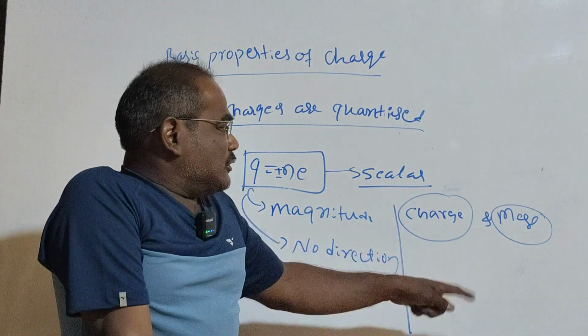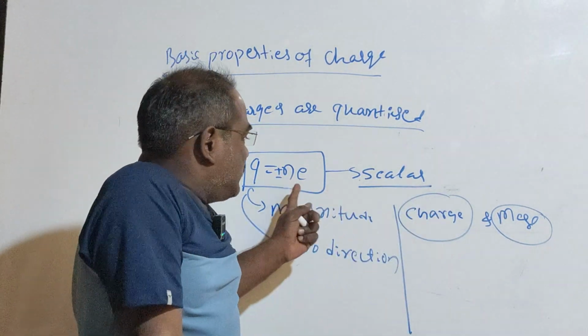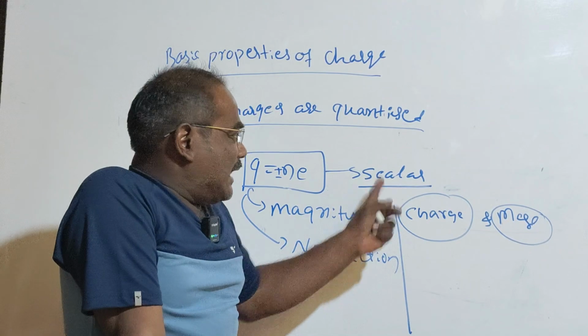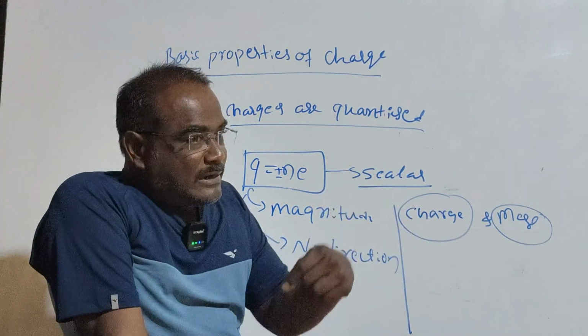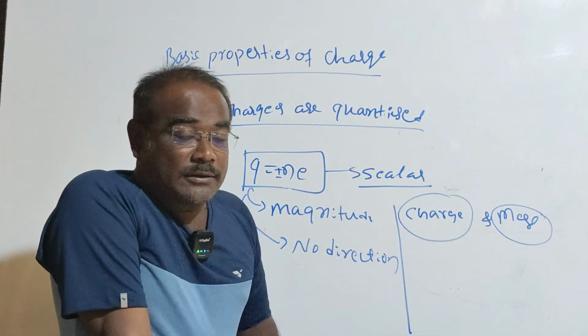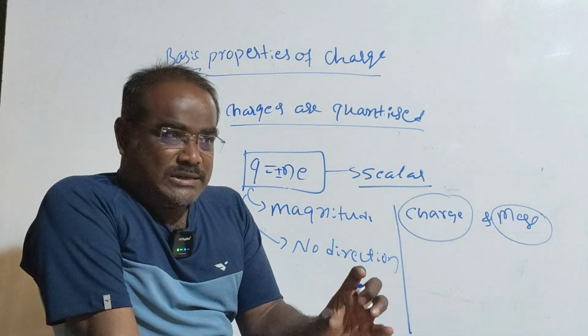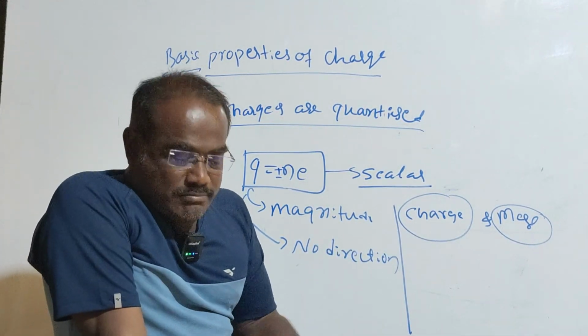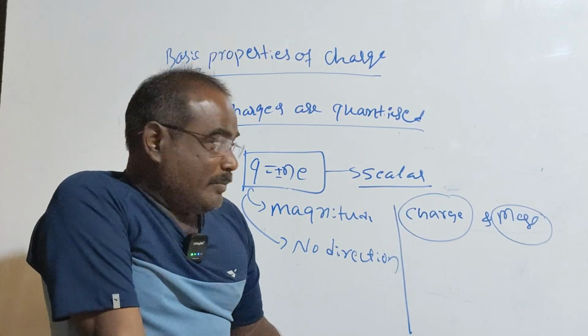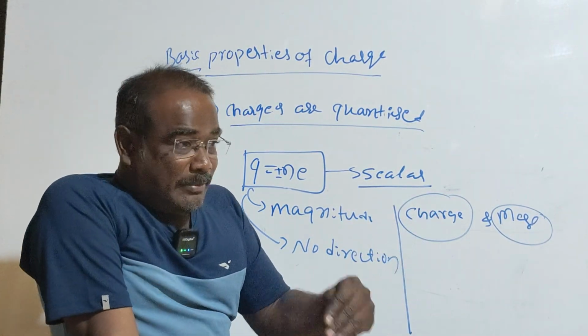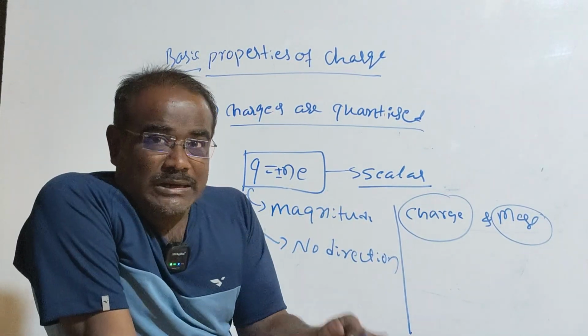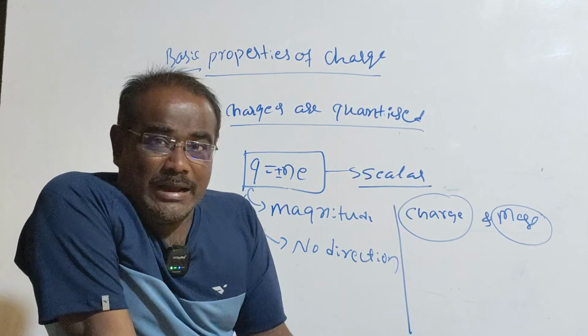Here my duty was to make you understand that charges are scalar like masses. But we need to understand the thin line difference also, right? Masses always attract. One mass never repels another mass. But one charge may attract another charge, or one charge may repel another charge.